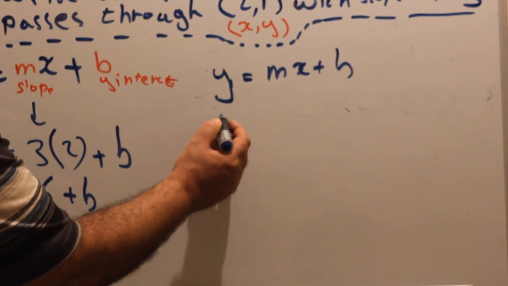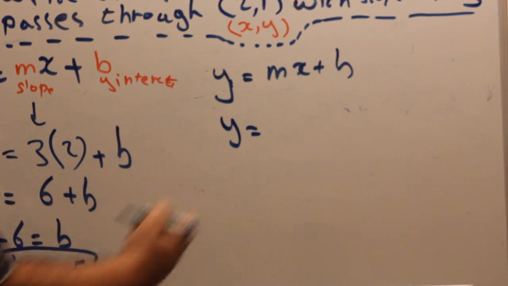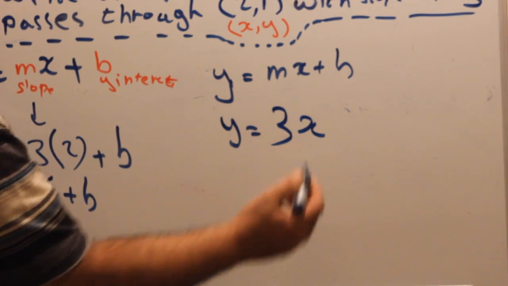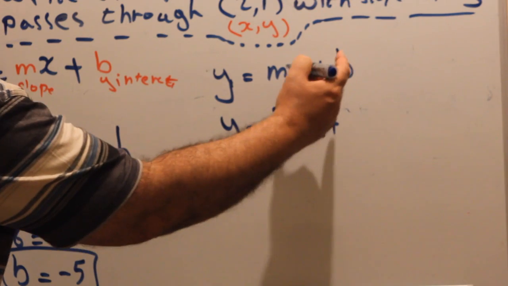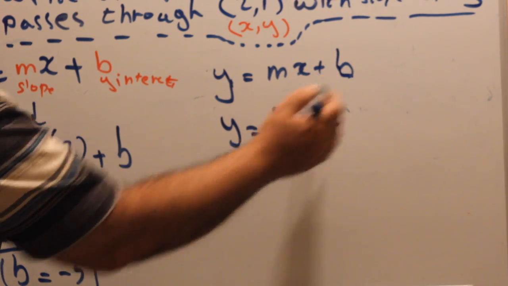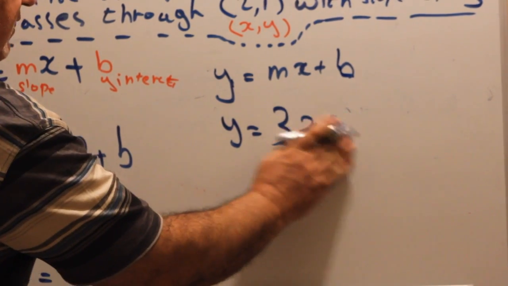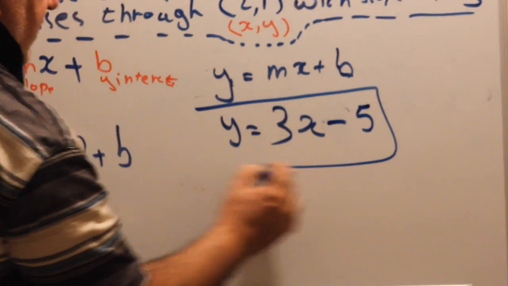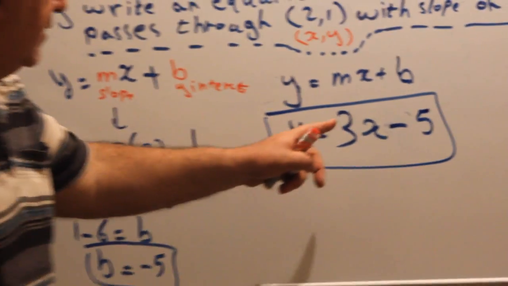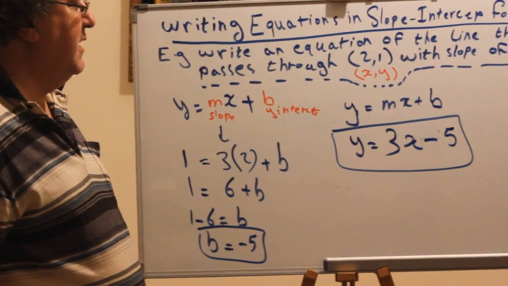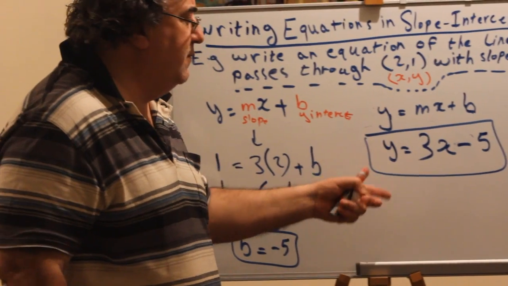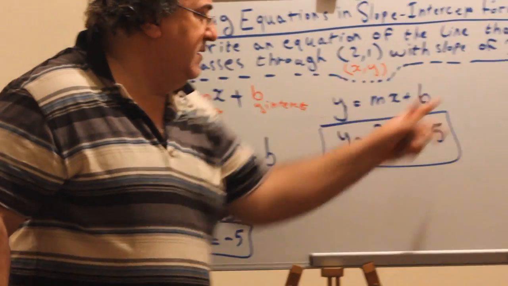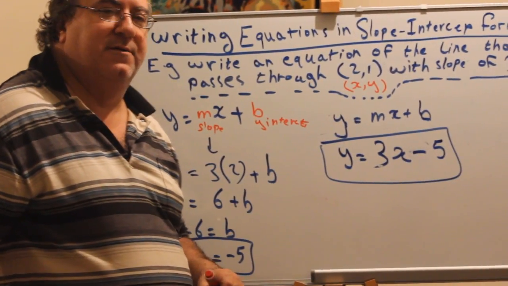So y equals the slope m, which is given 3, times x, and the value of y-intercept b is negative 5, so I substitute it, and that is the final equation of slope-intercept form, y equal 3x minus 5. This is the equation of a line which passes through the point 2, 1, and its slope is 3. I hope it's clear. Thank you.